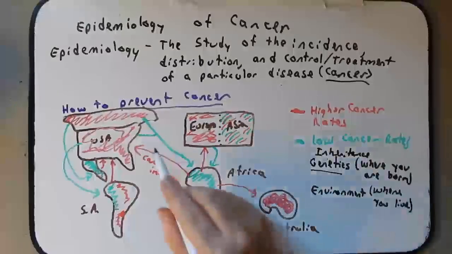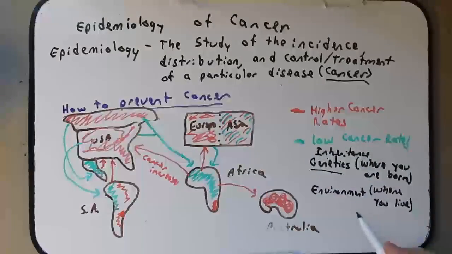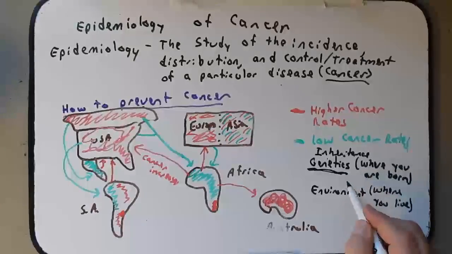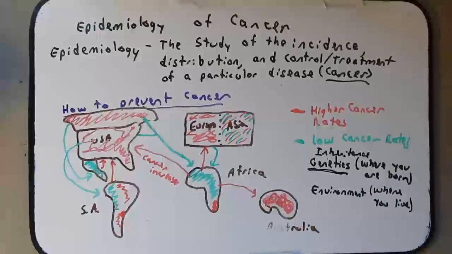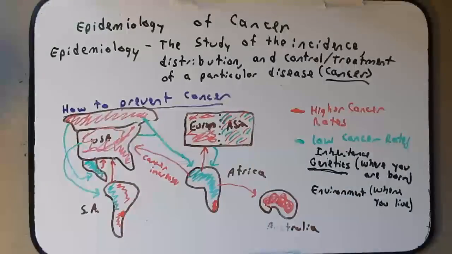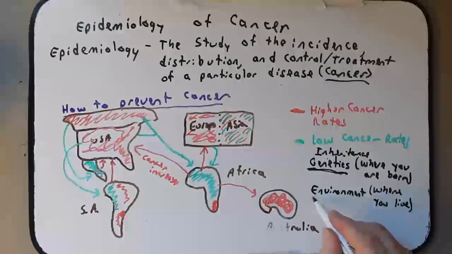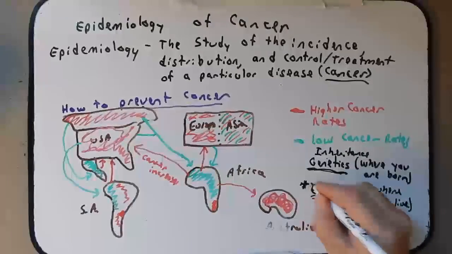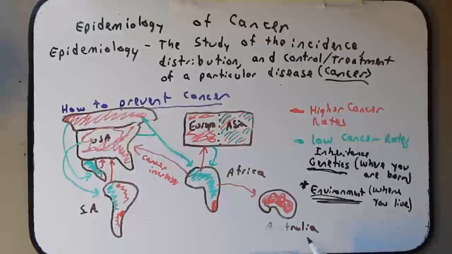You're less likely to inherit a gene that's going to give you cancer. Because we'll learn in a moment that cancer is most certainly a genetic disease. But whether or not you inherit that from where you're born is another question. And it's much less likely the case. But the environment has a very strong influence on whether or not you get cancer, as shown from these migrant studies.